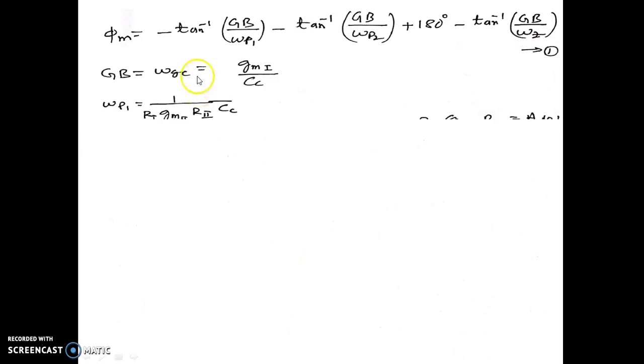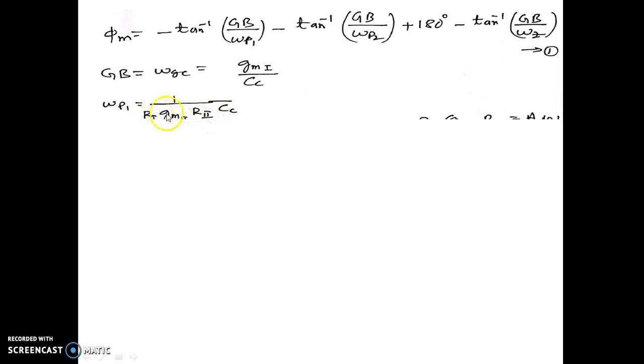In this equation of phase margin, let us substitute GB, the gain bandwidth, as omega GC. We know the expression for omega GC is GM1 by CC, and the expression for omega P1 is 1 over R1 GM2 R2 into CC.